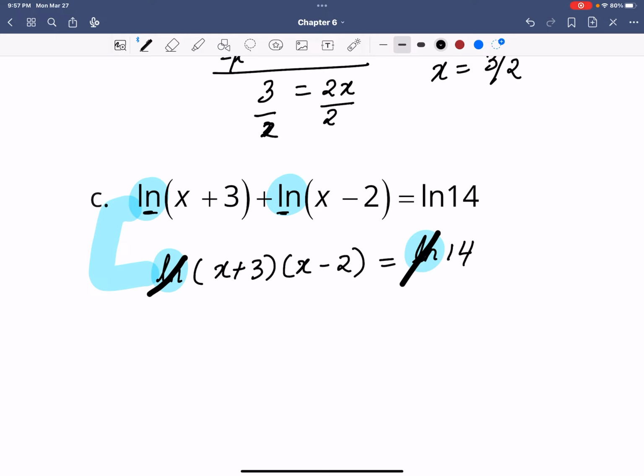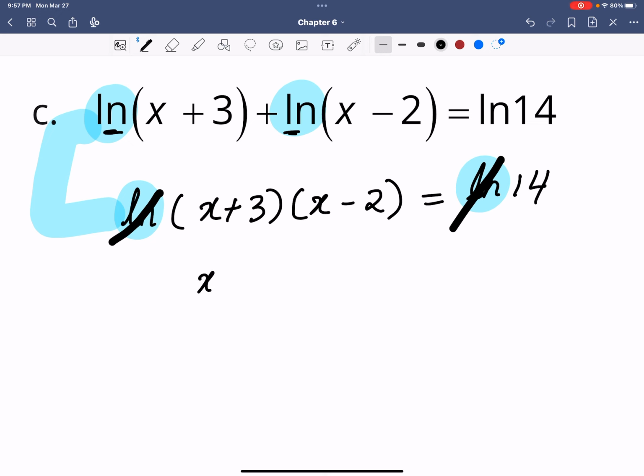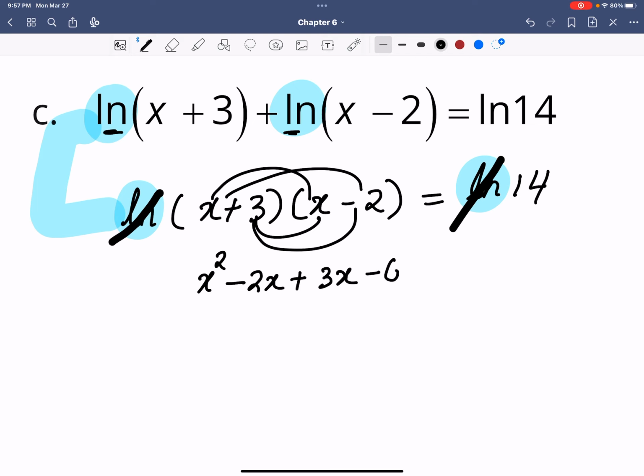And once that's done, let me go ahead and expand this. This is x squared, FOIL, remember? Minus 2x plus 3x minus 6 is equal to 14. So this is x squared plus x minus 6 is equal to 14. I subtract 14 from both sides.